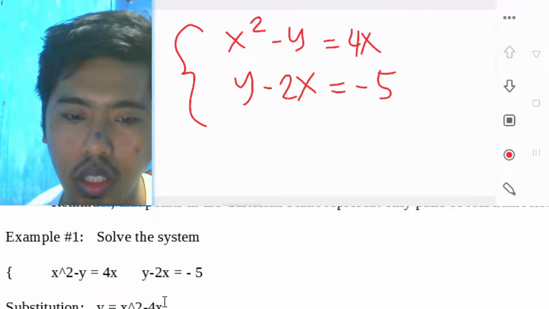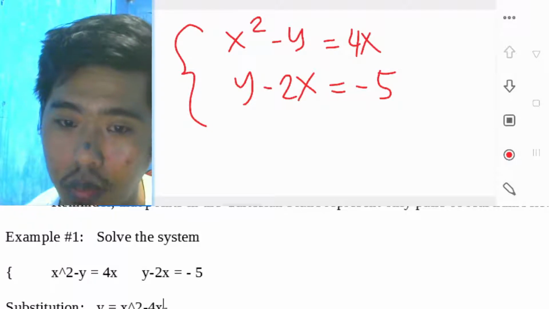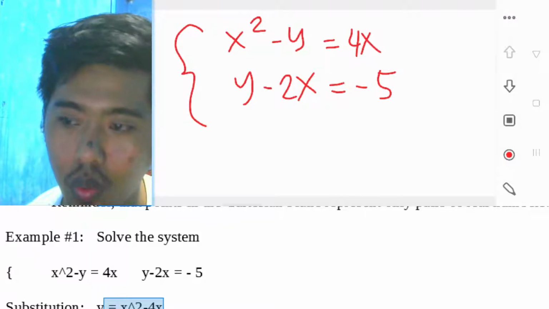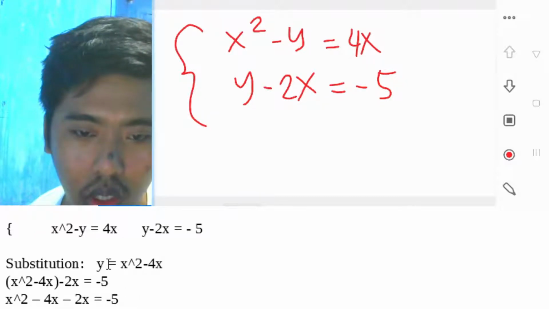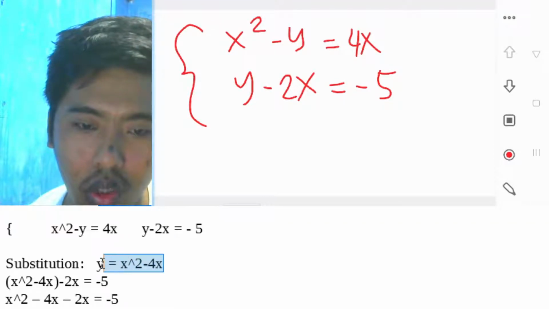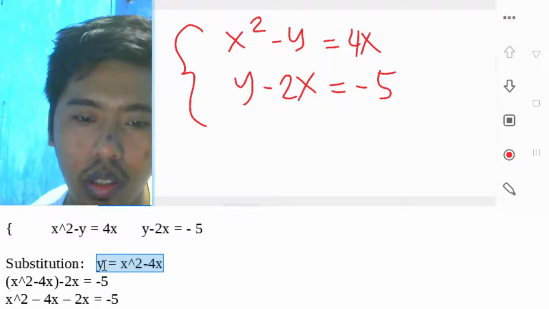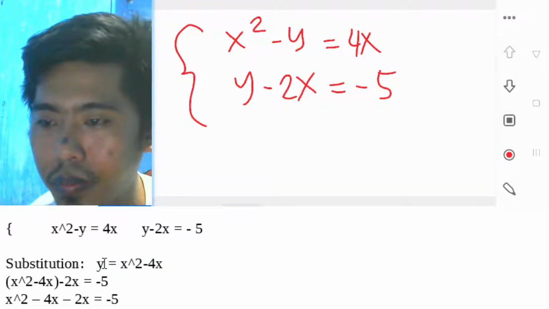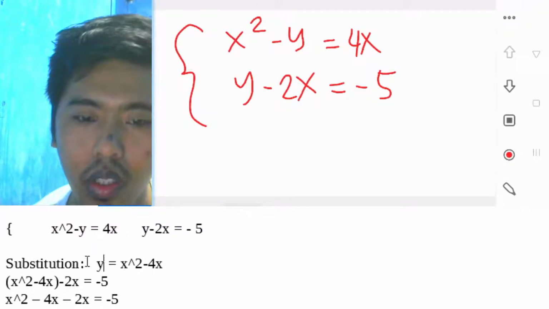So basically, I chose the first equation here. Look at this one. We have x squared minus y equal to 4x. Then I just try to put all the x's on the other side and put the y on this side, on the left side.